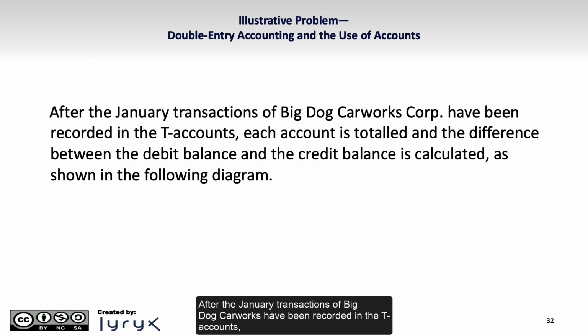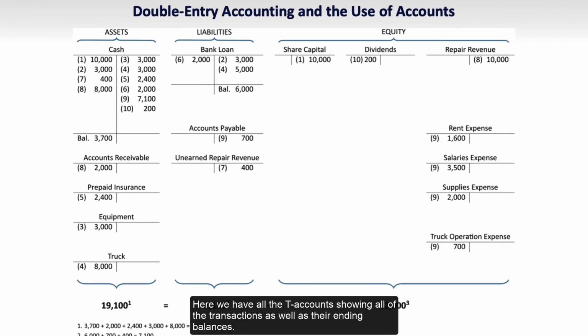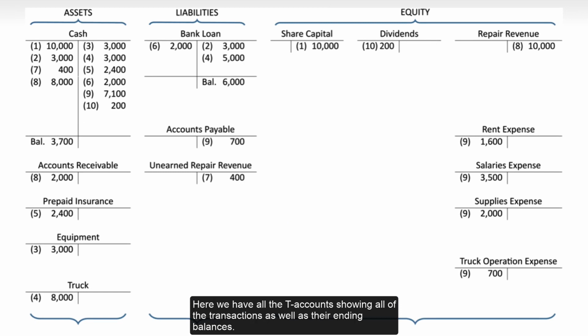After the January transactions of Big Dog Car Works have been recorded in the T accounts, each account is totaled, and the difference between the debit balance and the credit balance is calculated as shown here. Here we have all the T accounts showing all of the transactions as well as their ending balances.